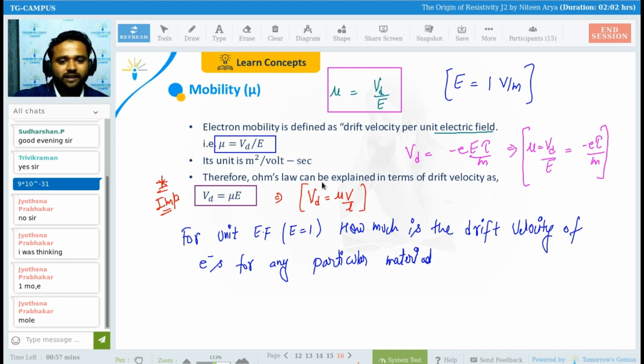As simple as that. Till now everything is clear, everyone? That is nothing new, but the drift velocity for unit electric field, 1 volt per meter. That is material.